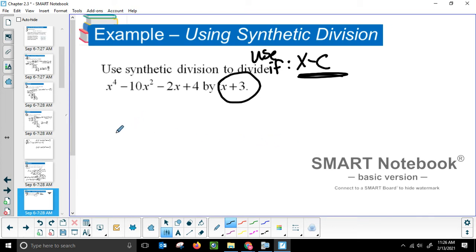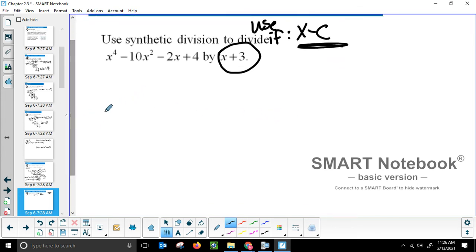How do we do synthetic division? We start with a box. We put the 0 of this divisor in the box. If we set that equal to 0 and solve, we would get x equals -3, so we put -3 in the box. We take all of my leading coefficients and write them out here.